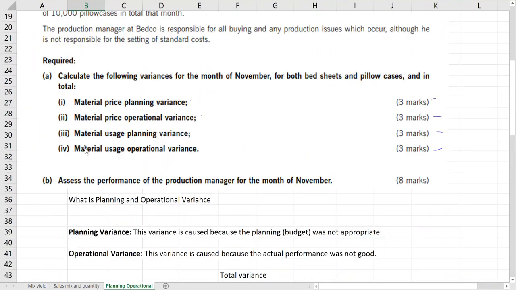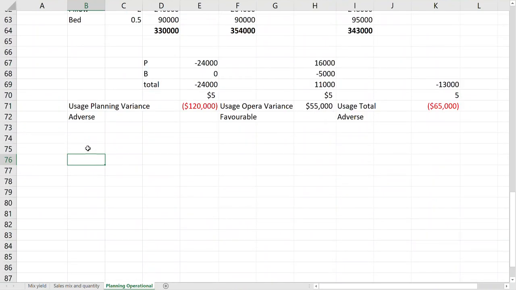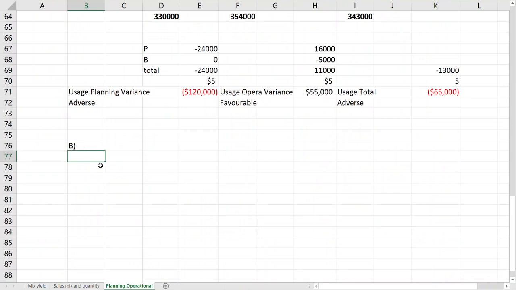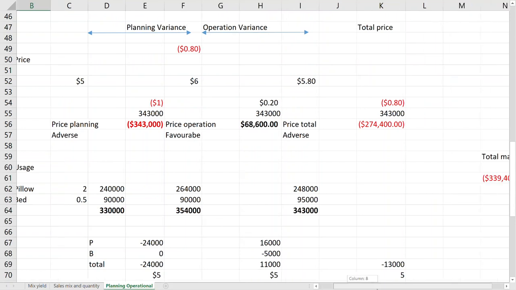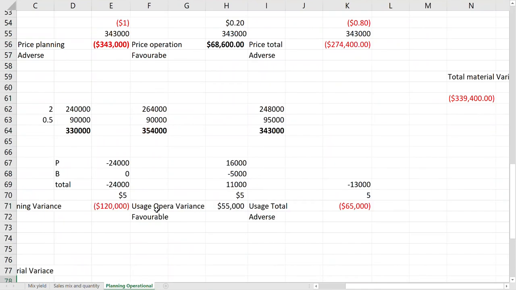So total material variance, we have total material variance of how much total? 339,400.